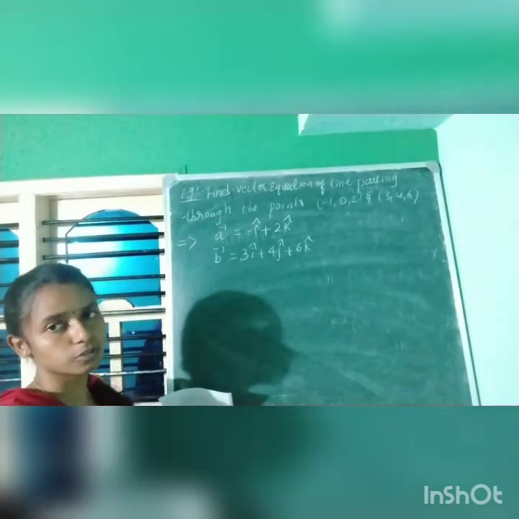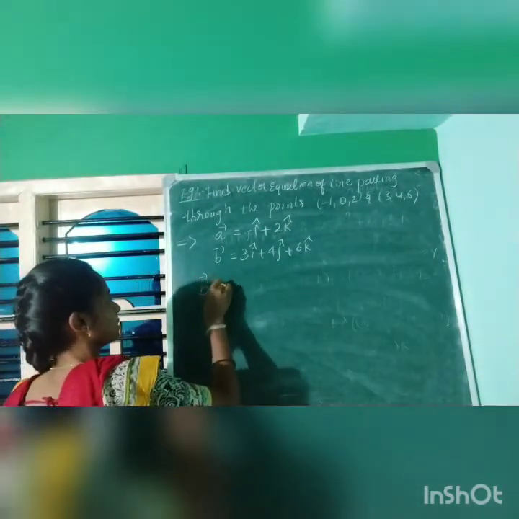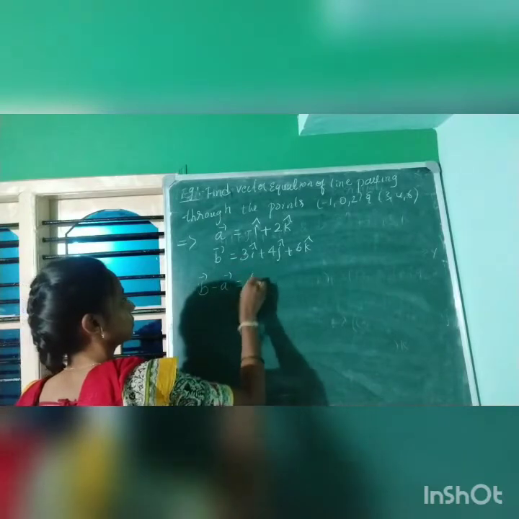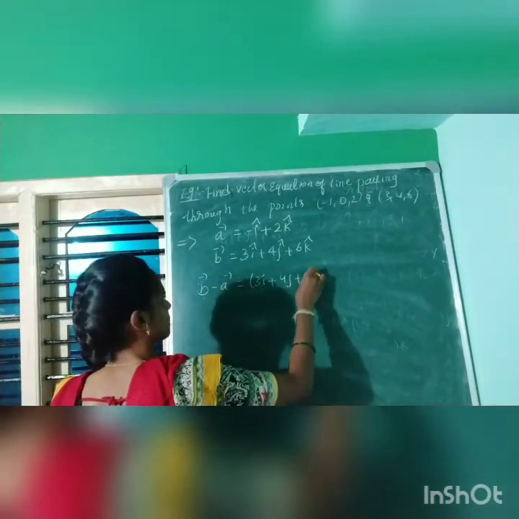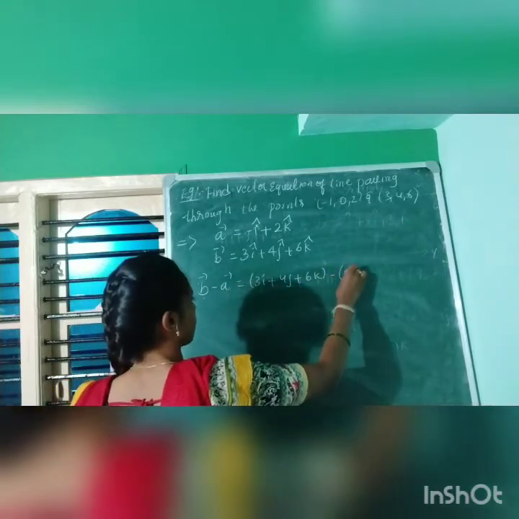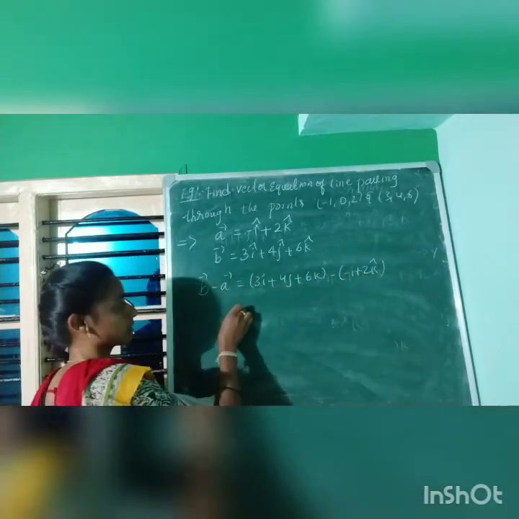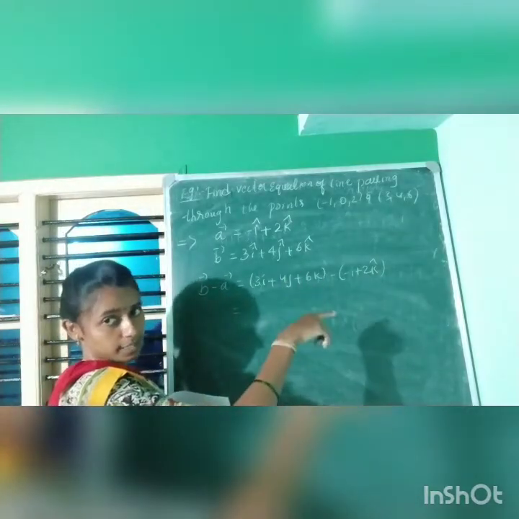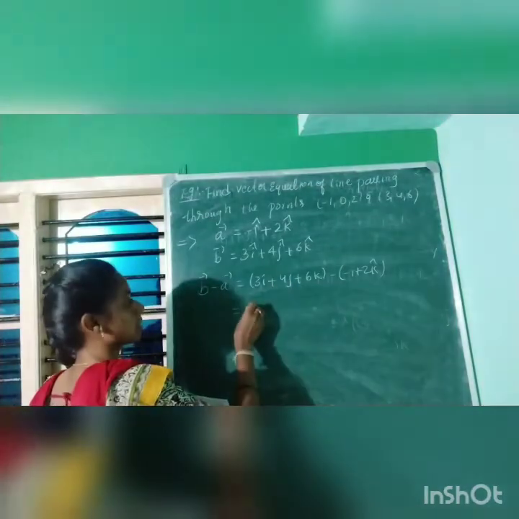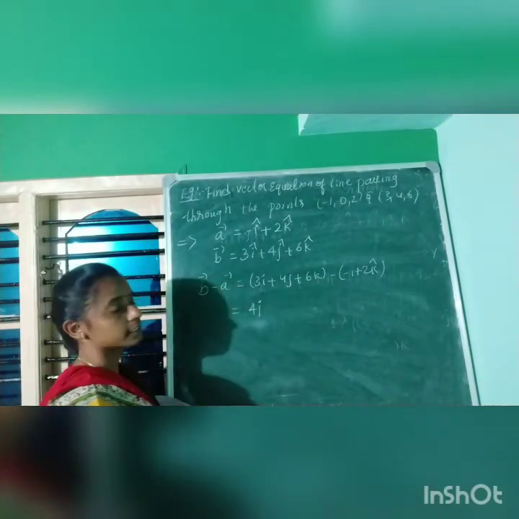B minus A is equal to 3i plus 4j plus 6k minus (minus i plus 2k). 3i minus of minus i will be plus i, so 3i plus i is 4i.